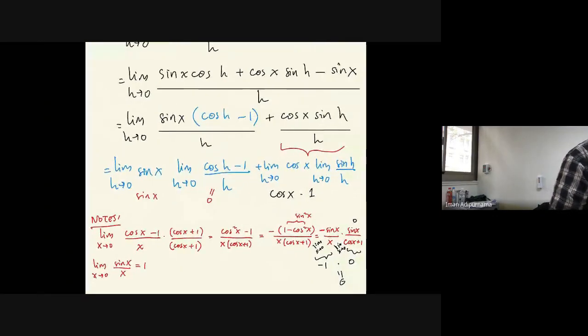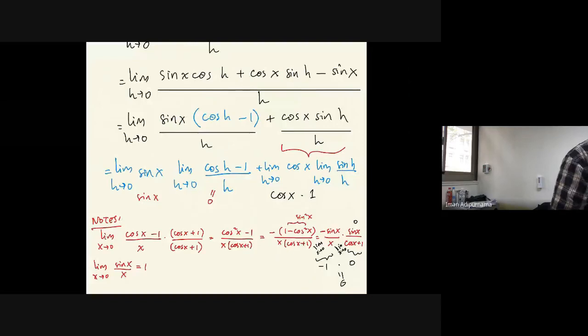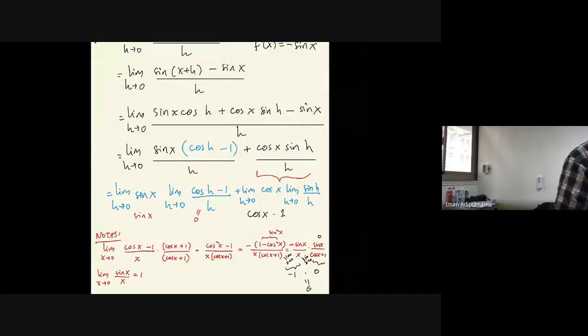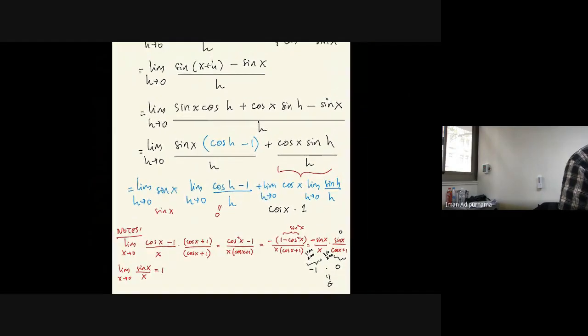Okay. Let me repeat this part a little bit, okay? So from here, I'm grouping the sine x here. And then I will evaluate the limits one by one. So first, the limit as h approaches 0 for sine x here. And second is this part.